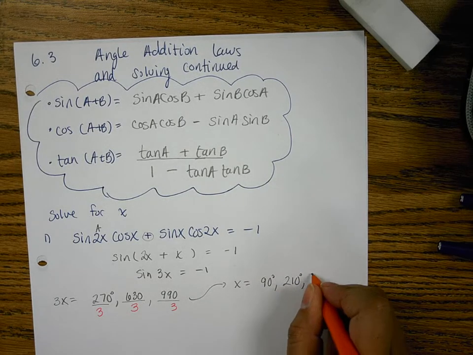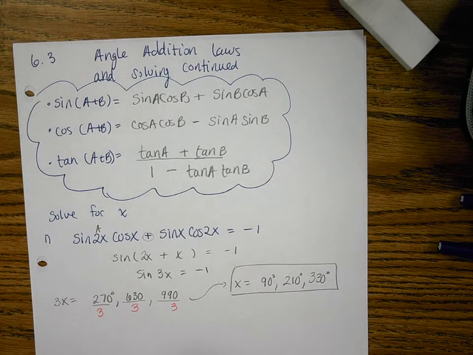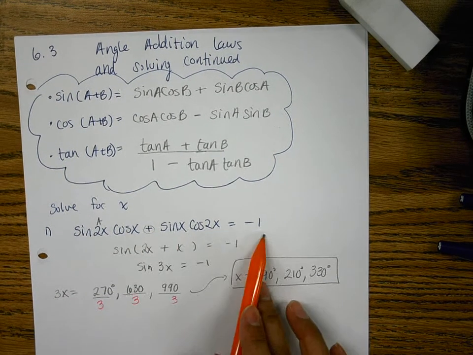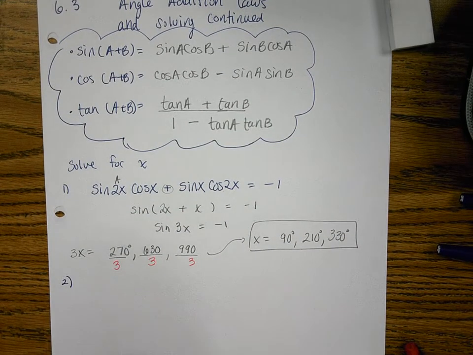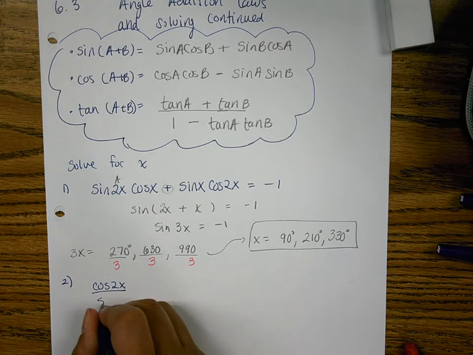And then you go through and divide, and you get 90 degrees, 210 degrees, and 330 degrees. So if you were to plug any one of these angles in for your x's, it would come out to be -1.